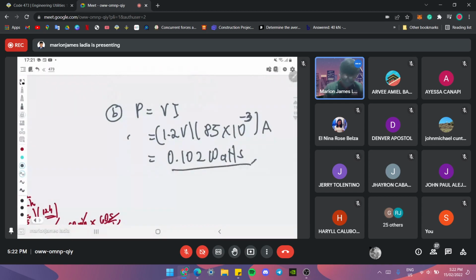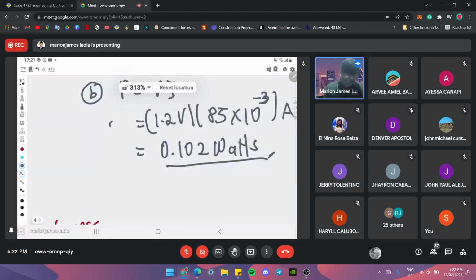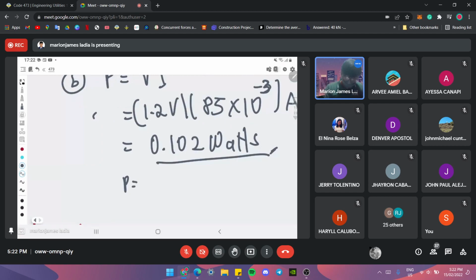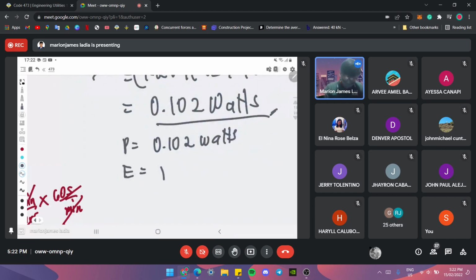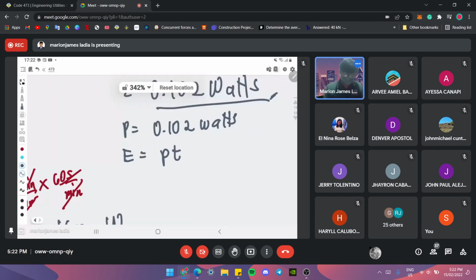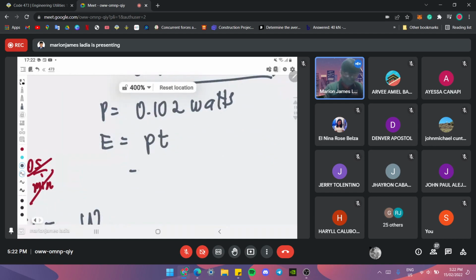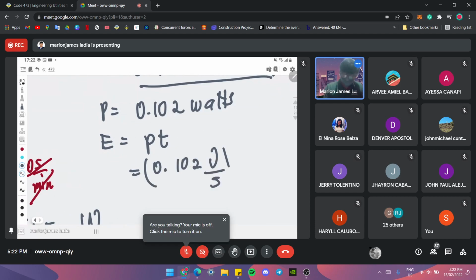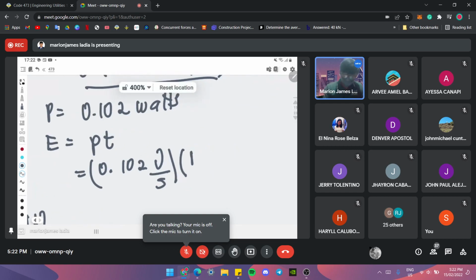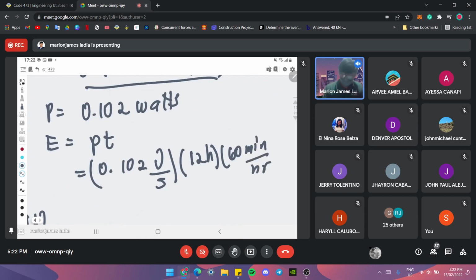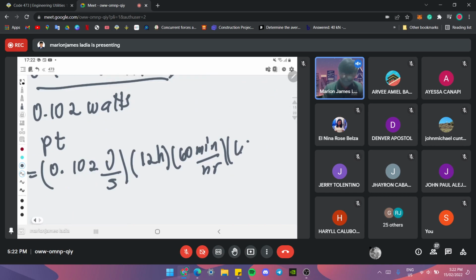So from that, I can say, what we are looking for is energy. So therefore, P is equal to 0.102 watts, right? So I know that my energy is equal to PT. Okay? Or power multiplied by time. So we have 0.102 joules per second multiplied by time, which is equal to 12 hours multiplied by 60 minutes per hour multiplied by 60 seconds per minute.